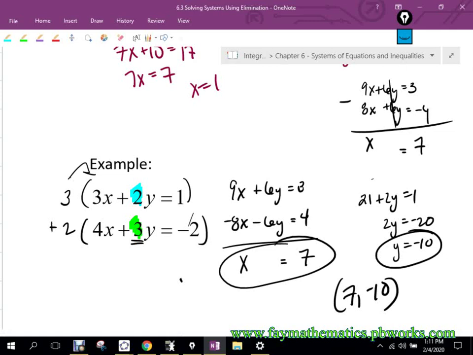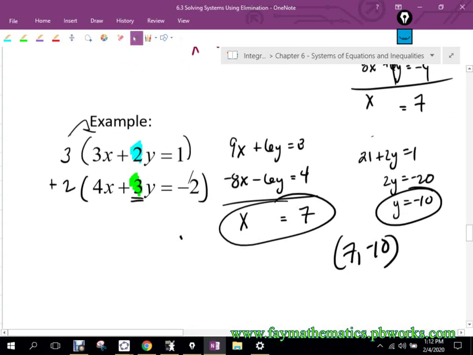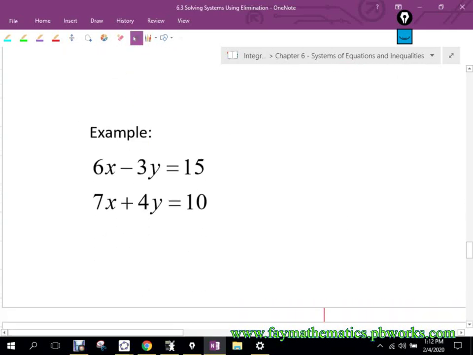I'm going to go down one more. Let's do this one real quick. What variable do you want to cancel? Let's not do this one. If I wanted to cancel the y's, what would you change them both to? 12.